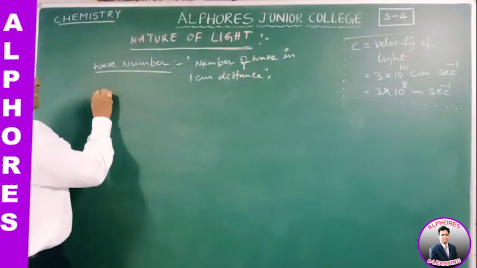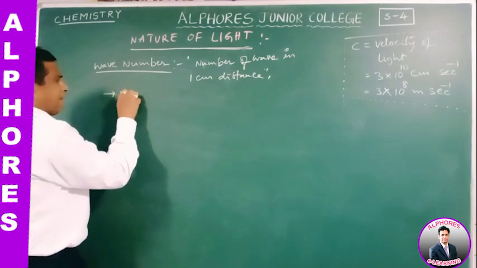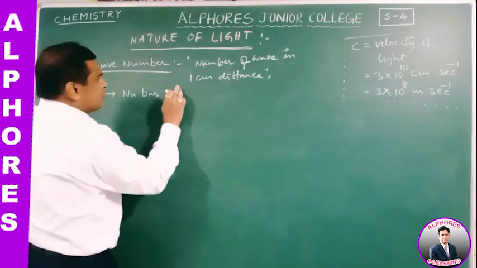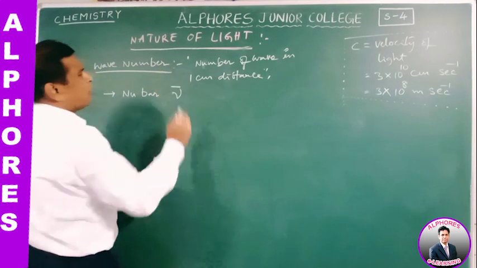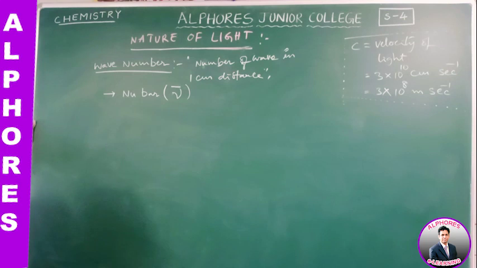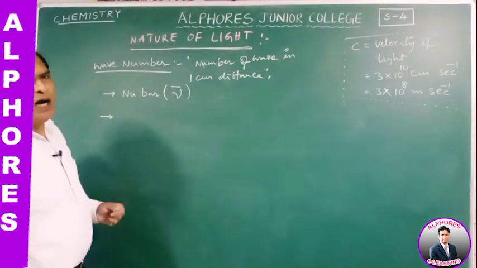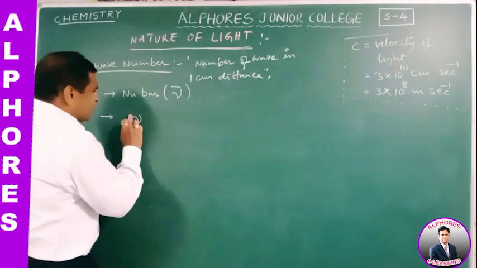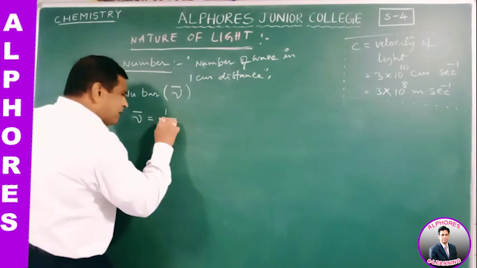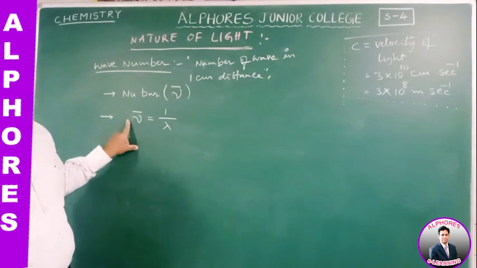It is denoted by the symbol nu bar. Wave number is the reciprocal of wavelength. That means if wavelength is more, then wave number will be less.